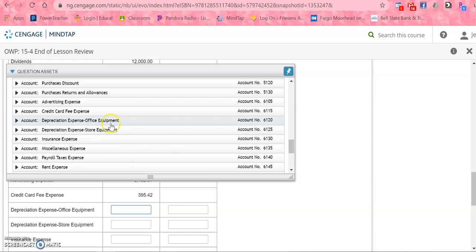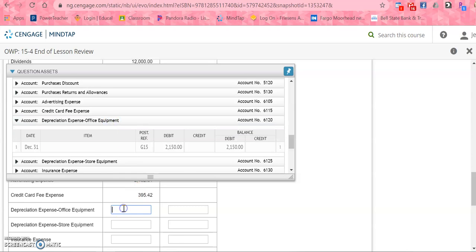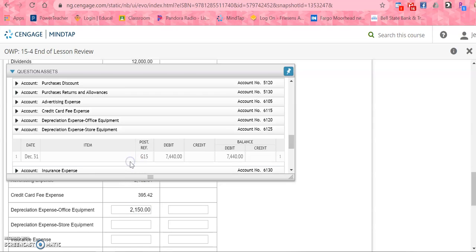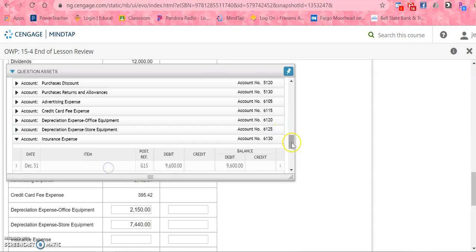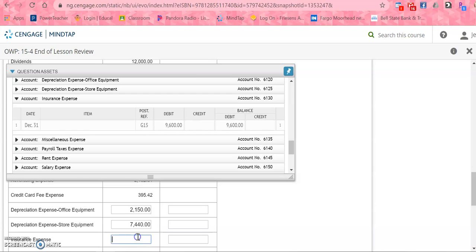Depreciation expense office equipment. We have a debit of $2,150. Depreciation expense store equipment, a debit of $7,440. Insurance expense, we have a debit of $9,600.